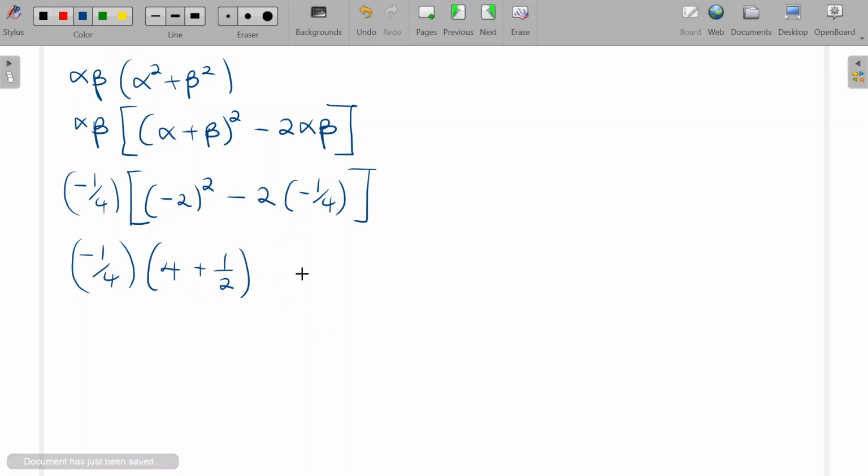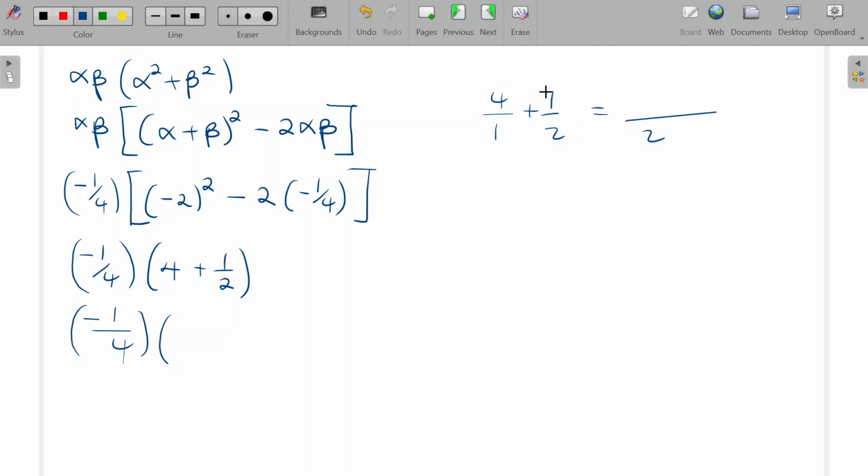So when it gives you that, you're going to have negative 1 over 4. Okay, it will be multiplying with 4 plus 1 over 2, which is just 4 over 1 plus 1 over 2, which is just going to give you 9 over 2. Two times 4 is 8, plus 1 times 1, then it will be 9 over 2.